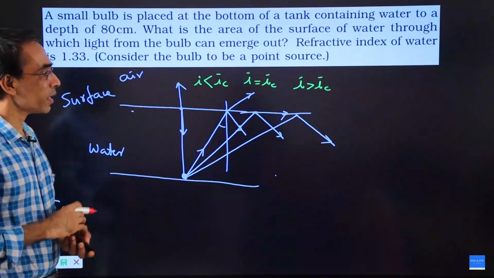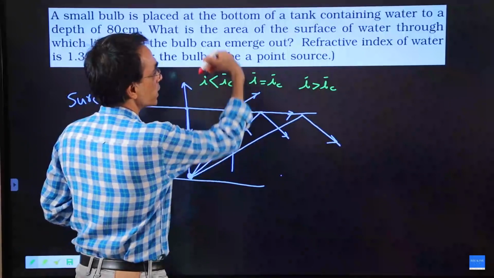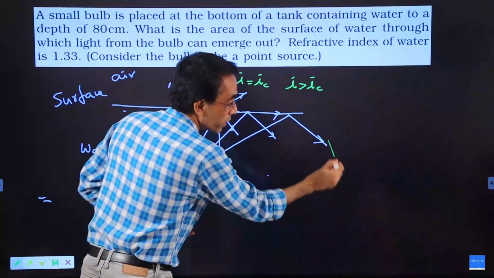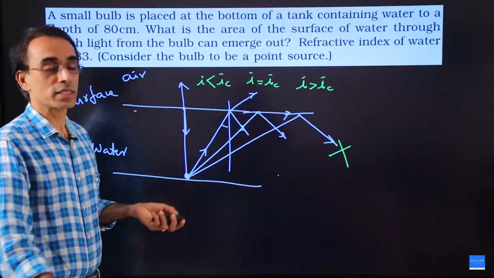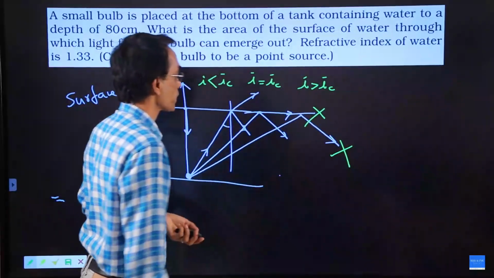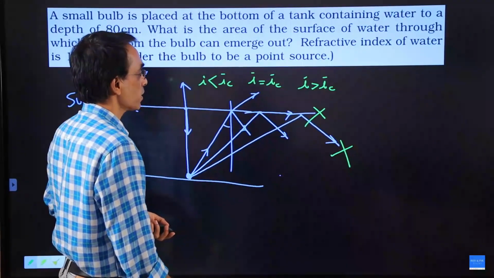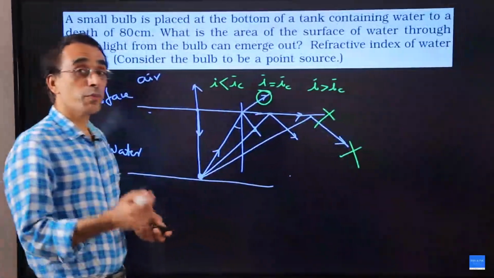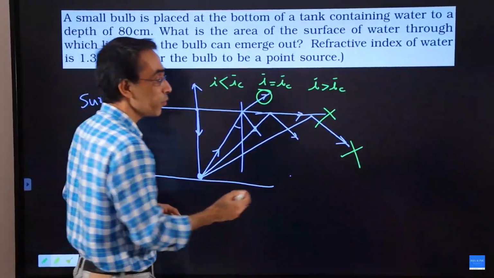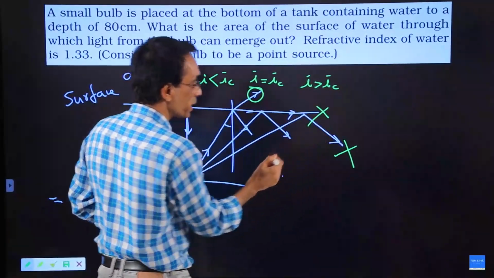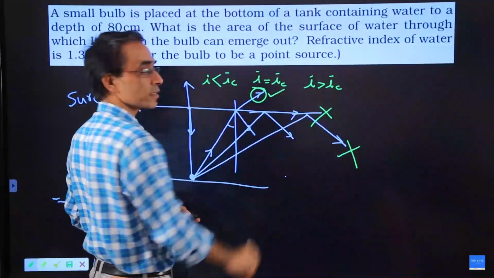Fine. Now see, a person watching from outside will not receive this. He will not receive that. He will not receive this one. He will receive only this light coming to it. So a person watching from outside will not receive this light, but will receive this light.